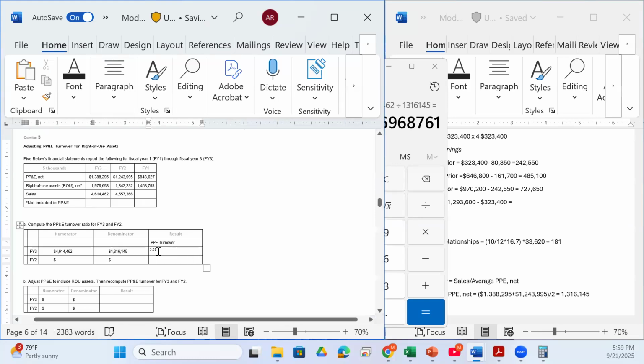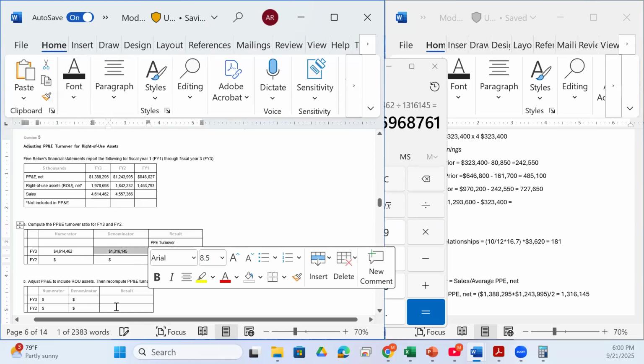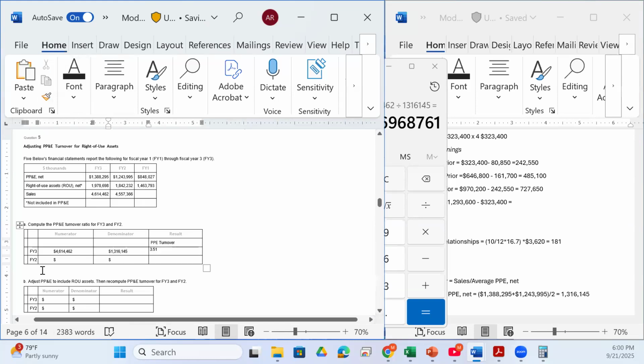If you follow the same process, you will get the correct results for fiscal year 2.